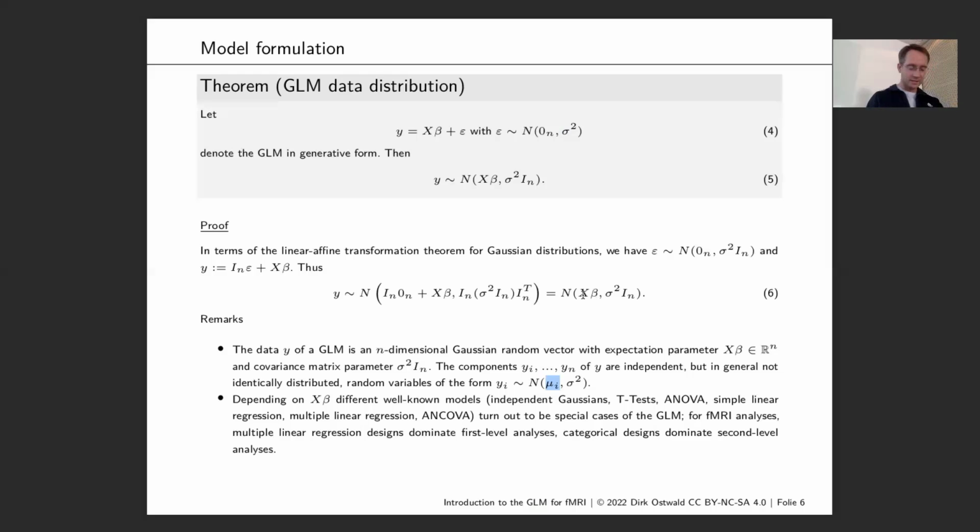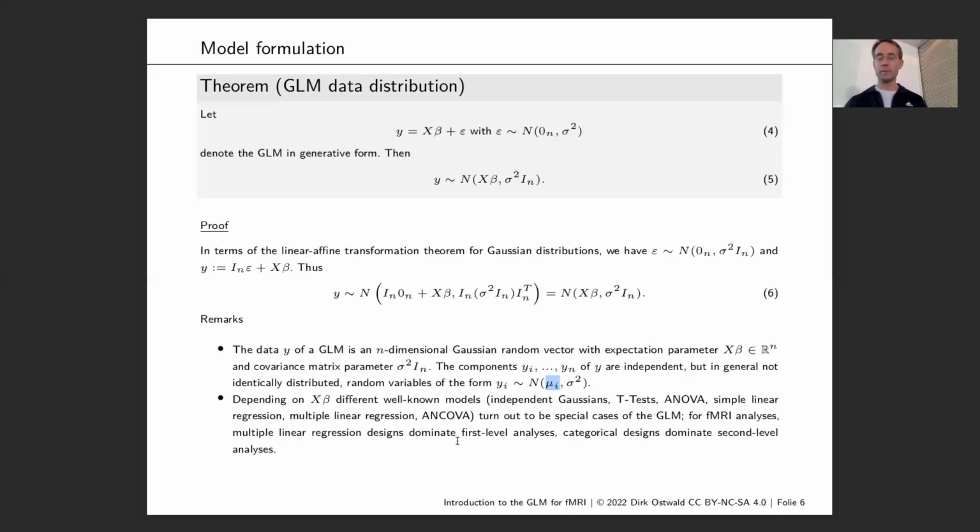And so that's the general form. And now it's really the time and also the task to see how different forms of x beta can encode different models that you all know, like, for example, independent Gaussians, t-test, ANOVA, simple linear regression, and so on.